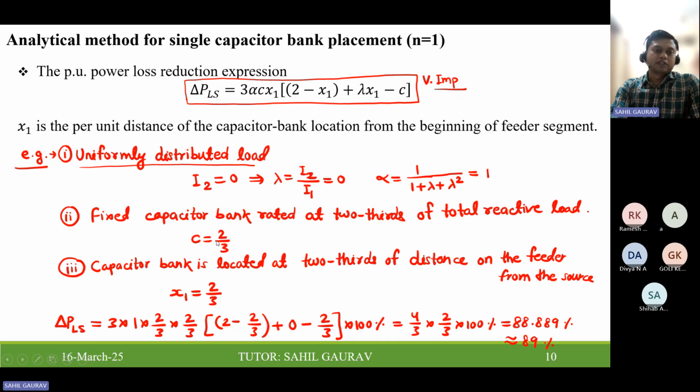But now suppose this capacitor bank compensation, this reactive power compensation, is changed. In your problem they have told you to take C as 3/4 and x1 as 3/4. So this delta PLS will be changed. Can anyone tell, if this capacitor size and location vary from these two, will delta PLS increase or decrease?